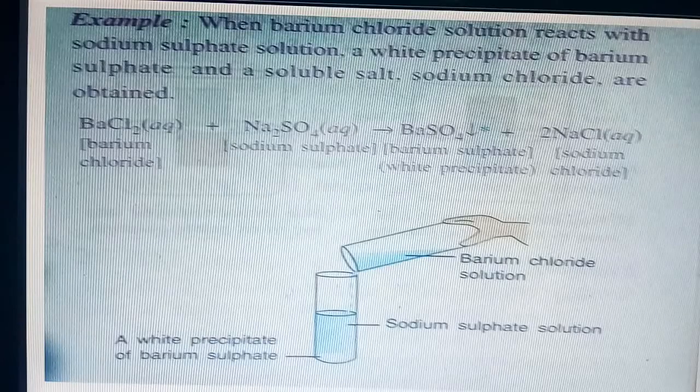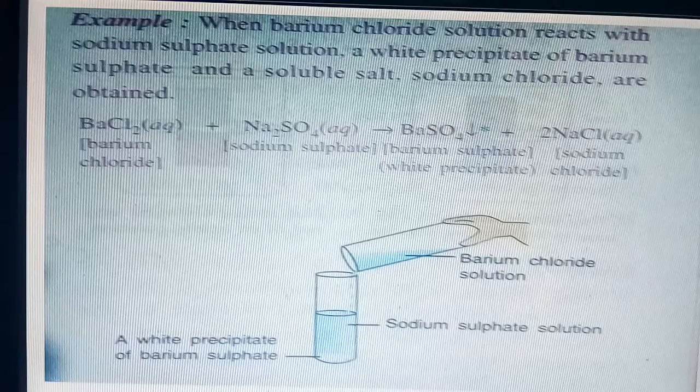Then what you can see is a white precipitate at the bottom. Initially both the solutions were very clear, nothing was at the bottom, but when you mix these two, you see a precipitate. That is why I said you have to dissolve it thoroughly, so that you do not get confused that initially there was solid at the bottom. Dissolve it very nicely.